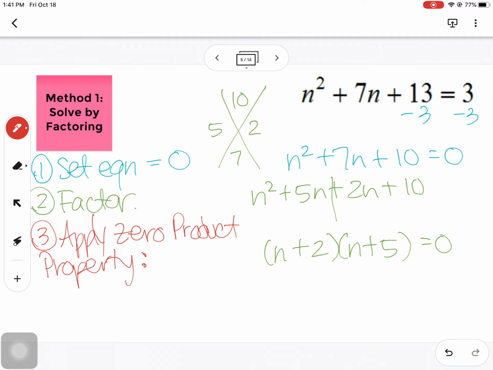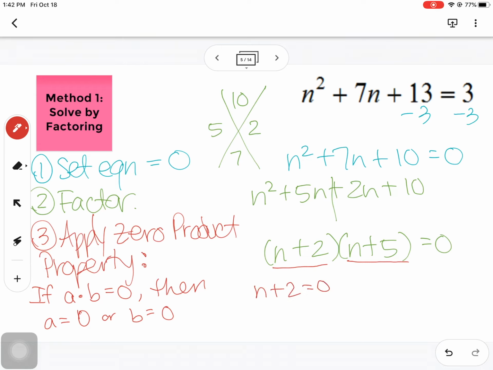What the zero product property says is, if you have two numbers multiplied together, say a times b, or they could be quantities like we have here, where our whole parentheses is our a and our b, and they equal 0, then either a has to equal 0 or b has to equal 0, because the only way you can multiply to 0 is if one or both of your numbers is 0. So we're going to do n plus 2 equals 0, and n plus 5 equals 0, and we're going to be able to solve this.